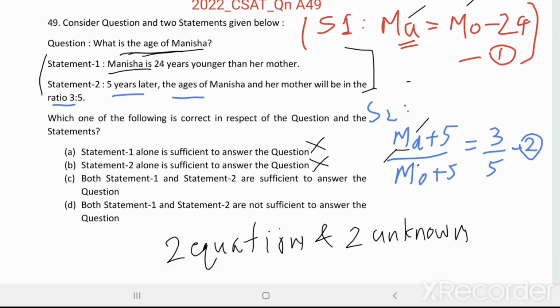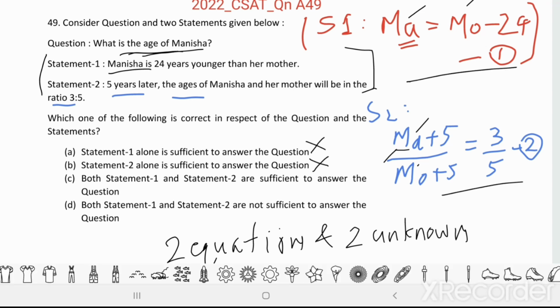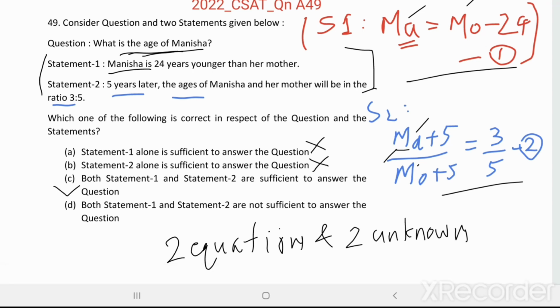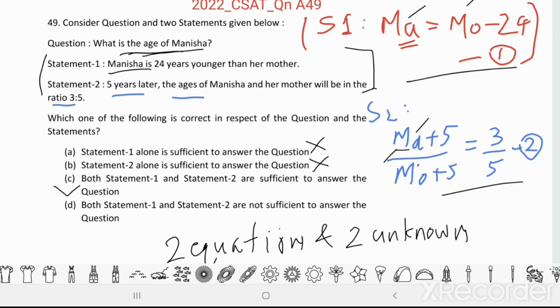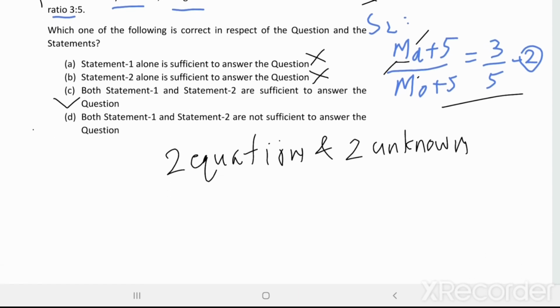By solving these two equations, we can find MA. So both statement 1 and statement 2 are sufficient to answer the question. Option C is the right answer. If you want to find the value of MA, then solve both the equations.